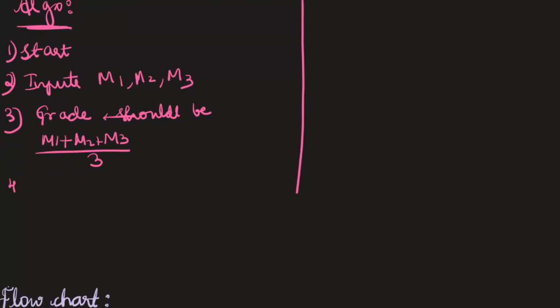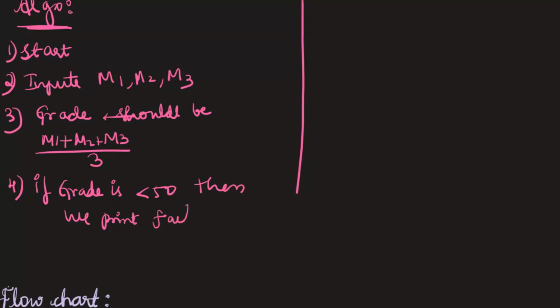And next, if grade is less than 50, this is the condition we are taking, then we print fail. Otherwise we print pass. So this is the end of the program. This is how you have clarity on the program.